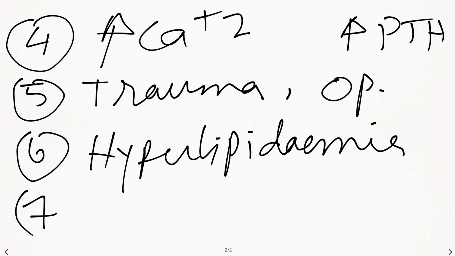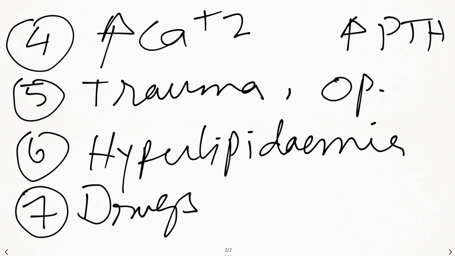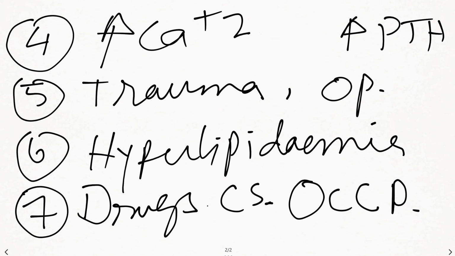One of the most important causes is drugs, and the most common drugs are corticosteroids and estrogen-containing contraceptive pills. There are other drugs that can cause it: antibiotics, azathioprine, and thiazide diuretics. Another cause is hypothermia.